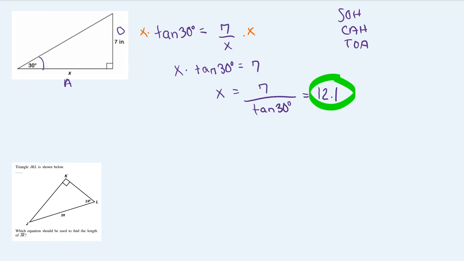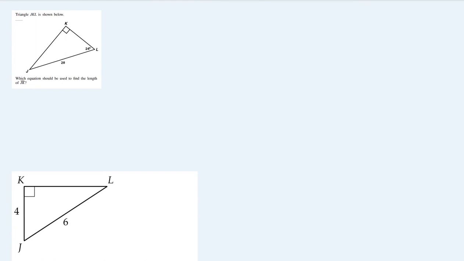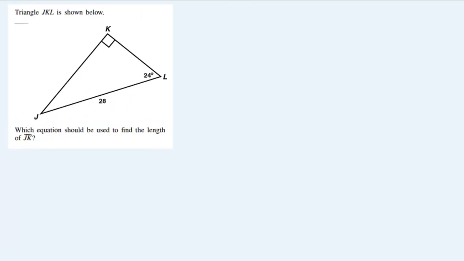So then if we look at our second example, it wants us to find the equation set up for JK. Which equation should be used to find the length of JK? So I'm going to put an X here to represent that I don't know the length of JK.